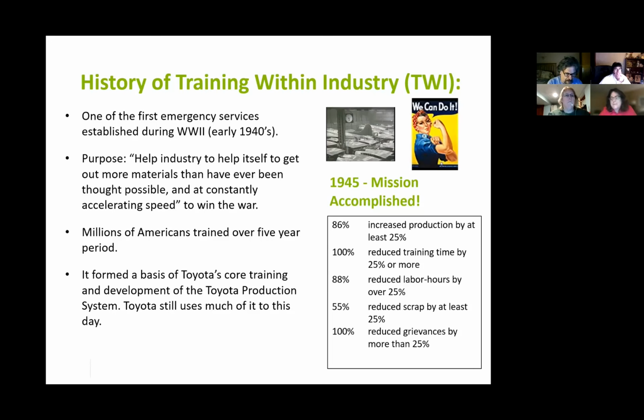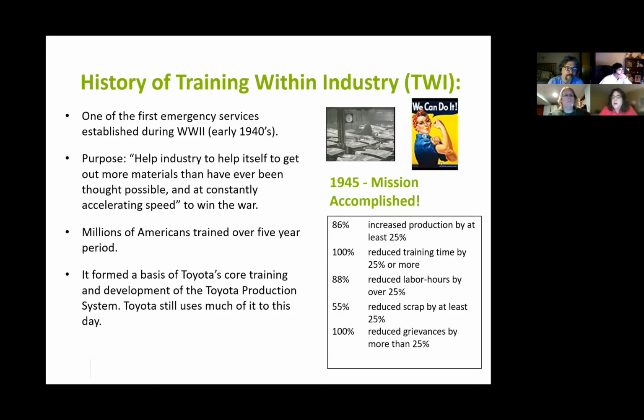So think about the people who were joining the manufacturing plants, perhaps without experience in manufacturing. However, they had an urgent need, and that was to get out good quality products as quickly as possible. And they were very successful at that.